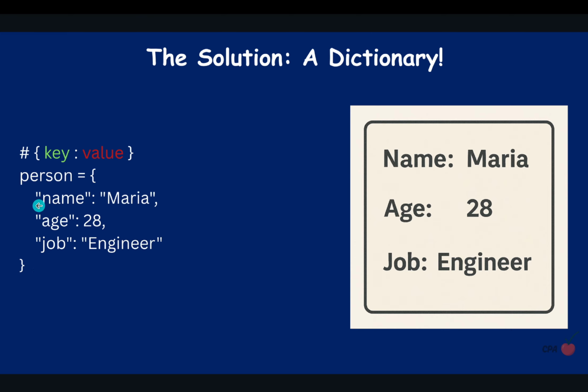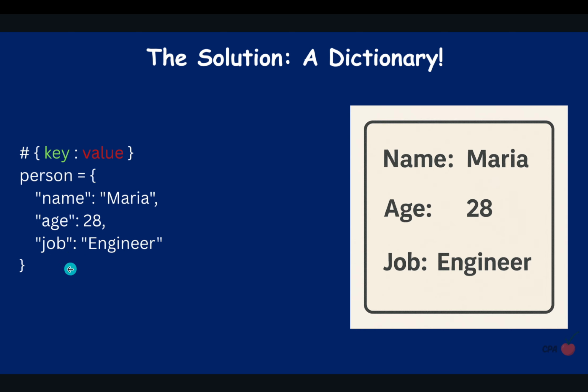And then we put our keys, in this case, name, and then colon, and then the value, which is the string or text, Maria. And then our second key is age, again colon, and its value is 28, which is an integer. And then finally we have job, which is our third key, and the value is engineer.